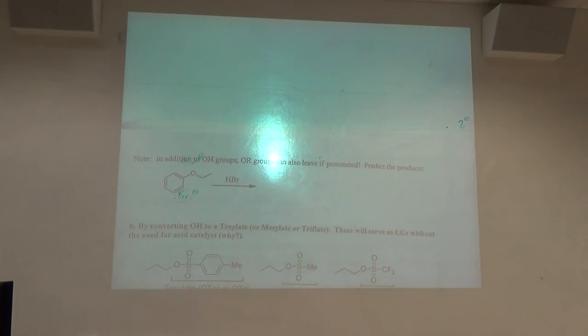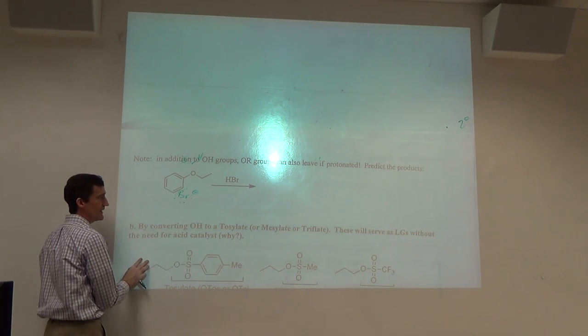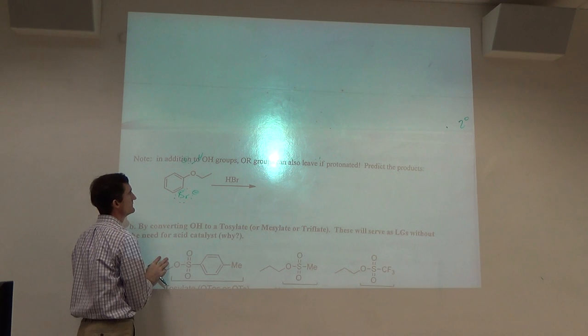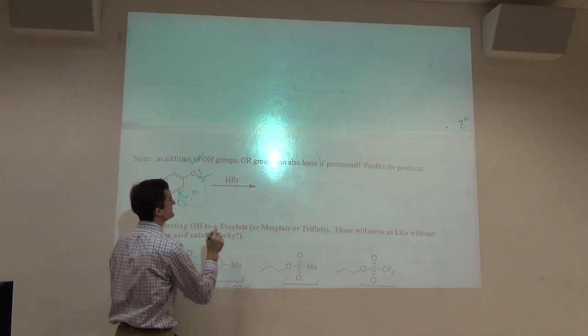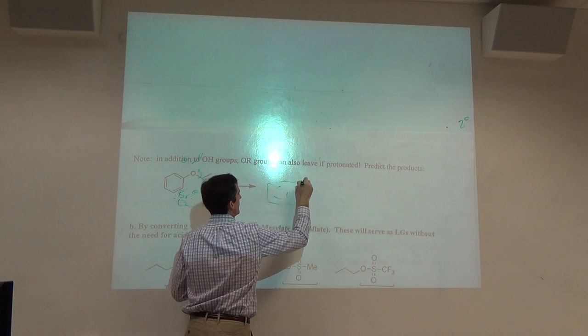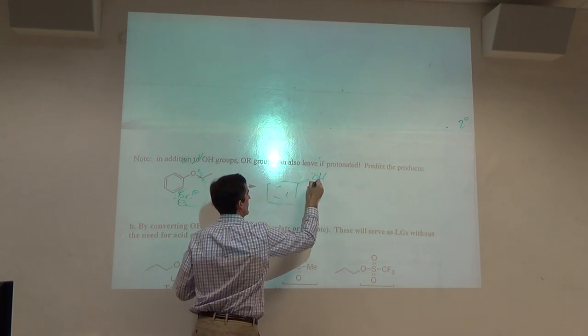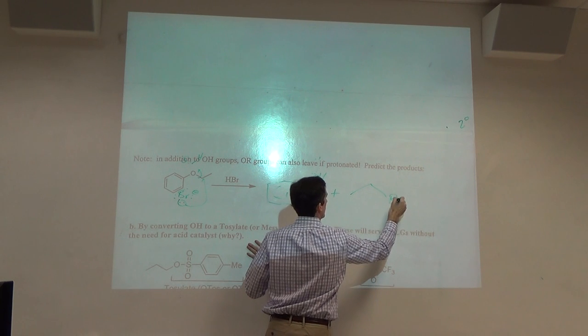In this example, the oxygen is bonded to two carbons, here and here. Which one are we going to attack and kick the oxygen off of? Left or right? Right. These electrons attack here, kick that off. What do we get? That plus that.